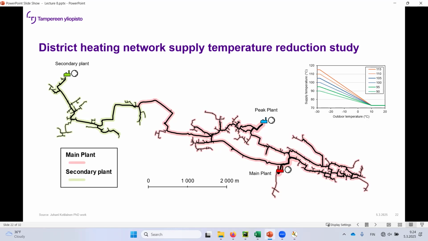So this is the network structure in a bit more detailed manner, and you can see there's a secondary plant and main plant in here.